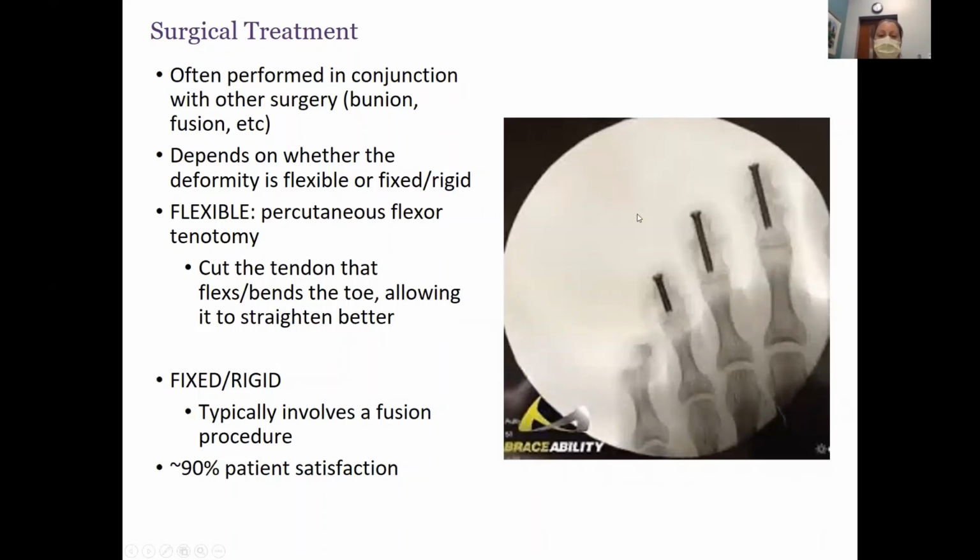If you ultimately decide on surgery, there are other surgical options. Sometimes you can get by with simple soft tissue releases where we just release some of the tendons in and around the toes themselves. Otherwise, you're usually using some sort of hardware, whether it's screws or wires or other implants, which I'll show you in a second.